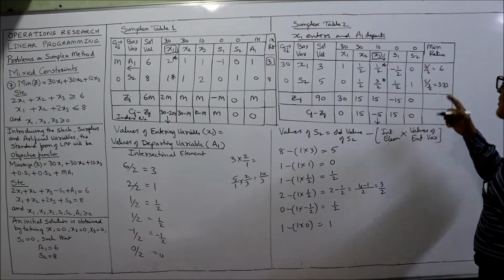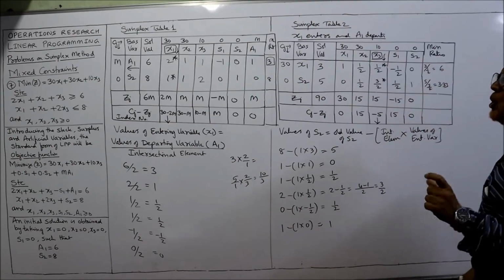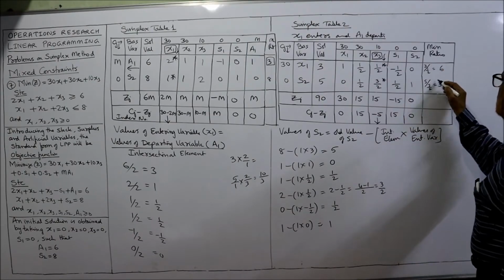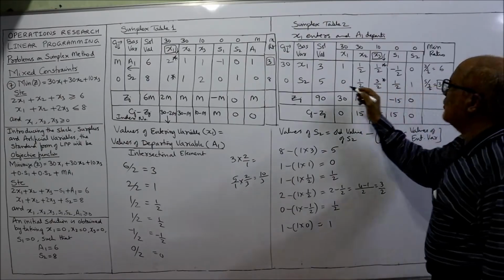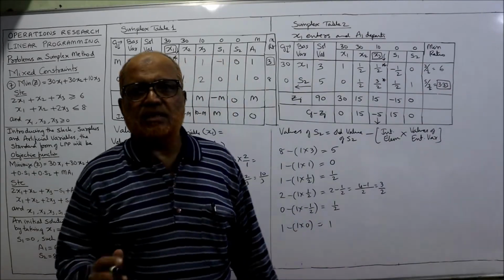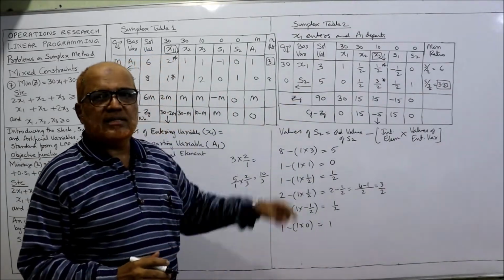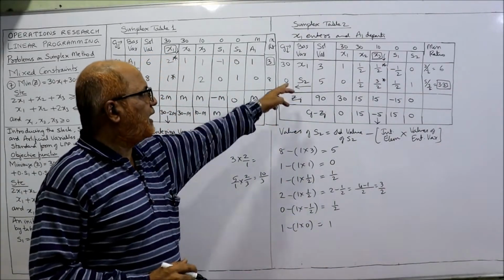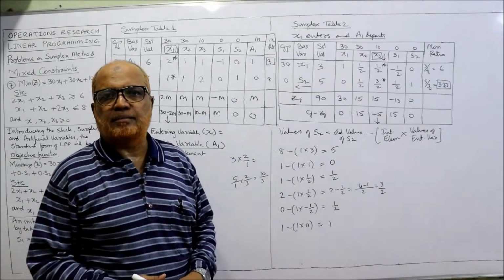Now 6 or 3.33, whichever is lower, that will depart. So 3.33 is lower. Which one will depart? S2. So in the next table, X3 will enter and S2 will depart.